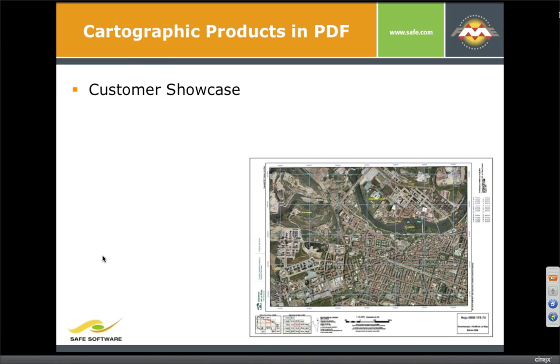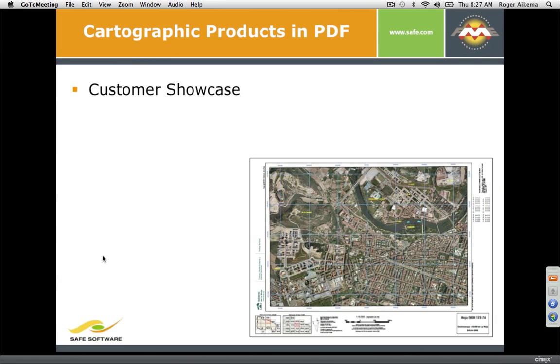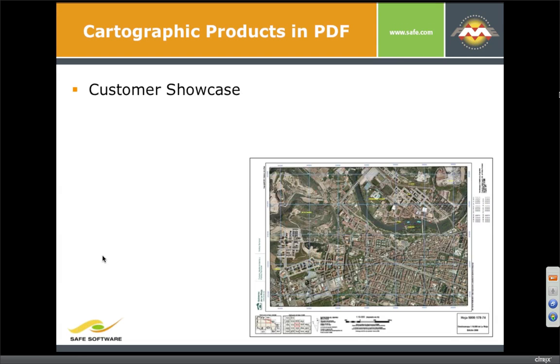So we're going to look at cartographic products in FME now, and this example here is from a customer. They showed it at the FME user conference in Spain a year or two ago, and what they've done is basically taken their GIS data and some background data, and they've put it all together, and they put a grid on top, and they've created this lovely frame, and they've stuck it in there.